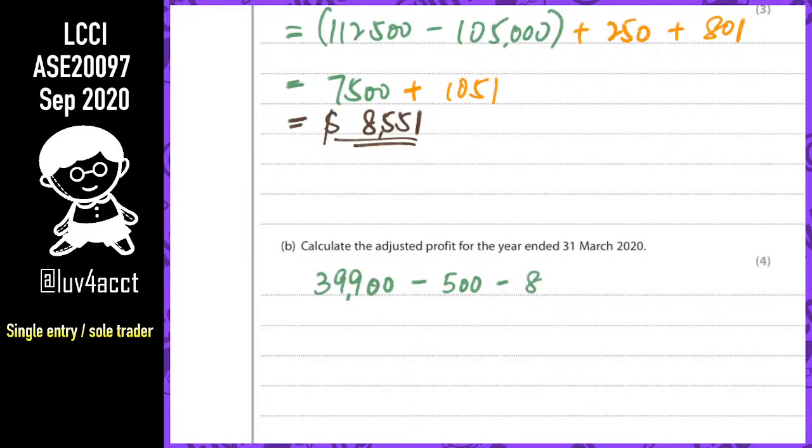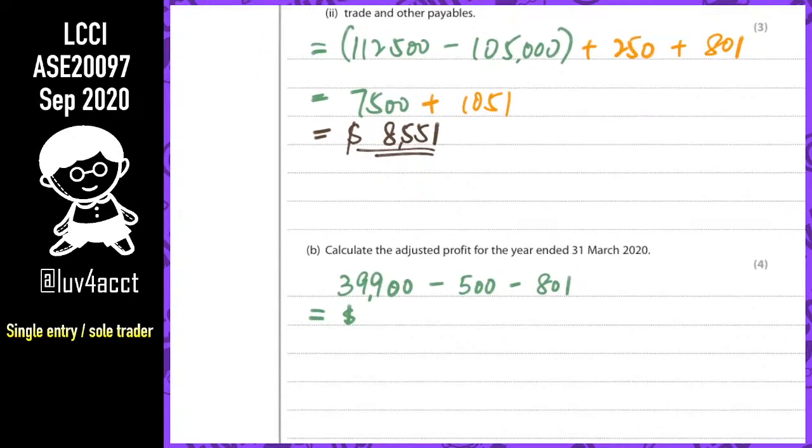And also we have 801, the interest on the bank overdraft. So 39,900 minus 500 minus 801.